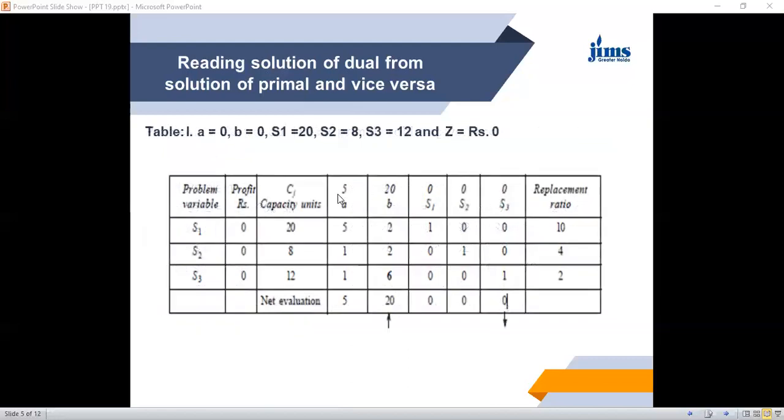These are the basic variables, and the coefficient of slack variables is always 0, because a slack variable does not contribute anything towards the profit of the company.